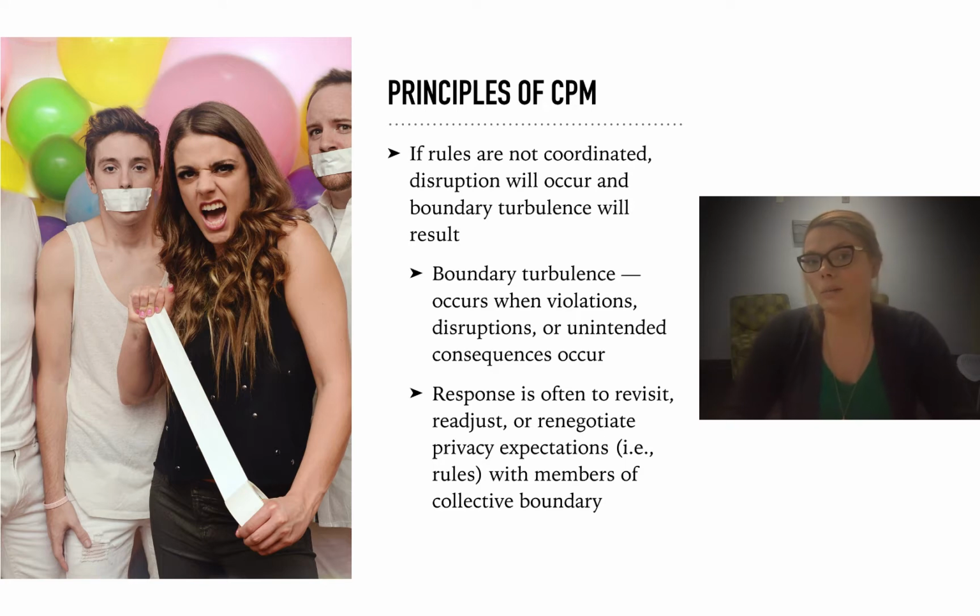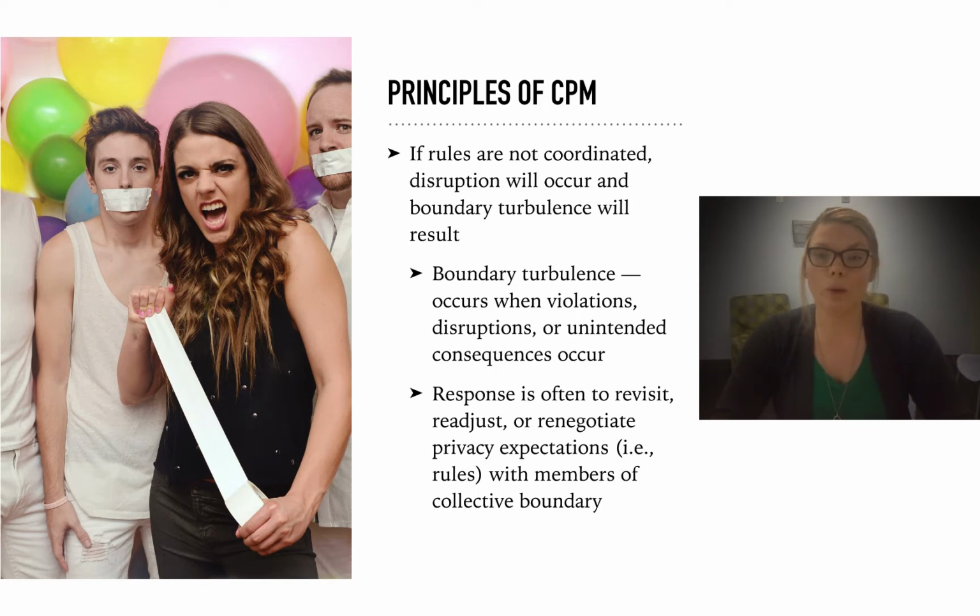So maybe they tell my parents. So that's definitely a disruption or a violation because I asked that friend not to share. So as a result of this event, I may revisit or readjust or even renegotiate my privacy expectations or rules with that particular person.